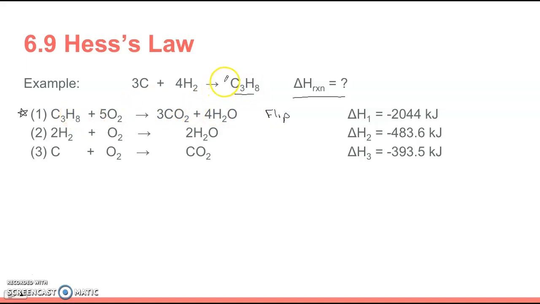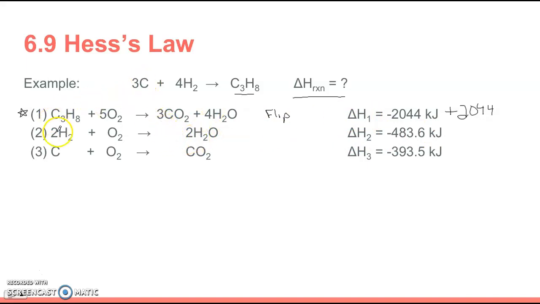The coefficients are the same, they're both 1, so all we have to do is flip it. Now when you flip the equation, what do you do to delta H? Flipping the equation means that we change the sign. So we're going to change this from negative 2044 to positive 2044. If you flip the reaction, you change the sign on delta H.